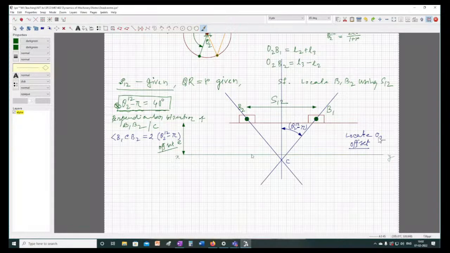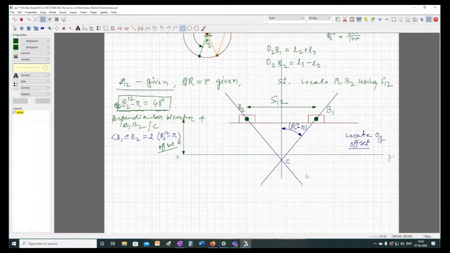So the center, the O2 point, should be lying on this line because the offset distance is this much. Or you can extend it to this point. Actually, the center B is here at this level, so you can say that the distance from the hinge point is this much.